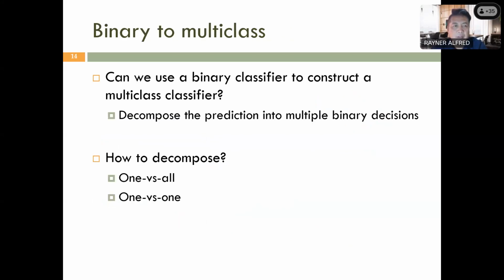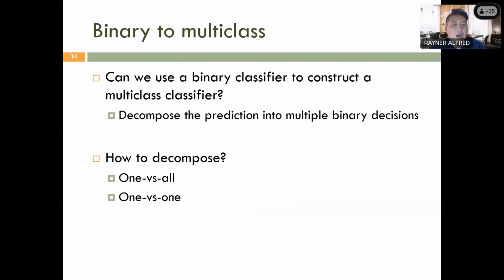Okay, so the basic thing about classification is we need to know how binary classification is done, and based on the approach for binary classification, then we can extend to multi-class.